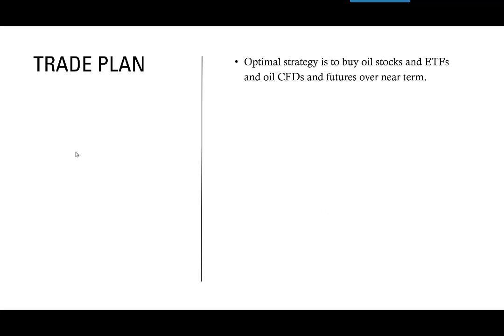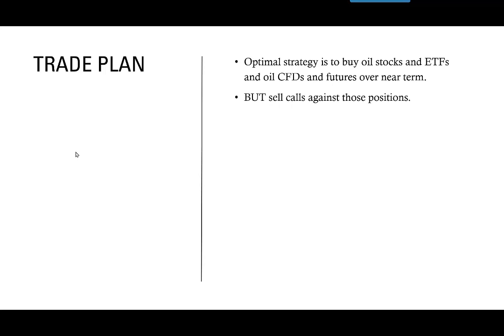I think the optimal strategy, depending on if you're trading stocks, options, futures, CFDs, etc., is to buy oil stocks, ETFs, oil CFDs, and futures over the near term. But for option traders, I'd sell calls against those positions.